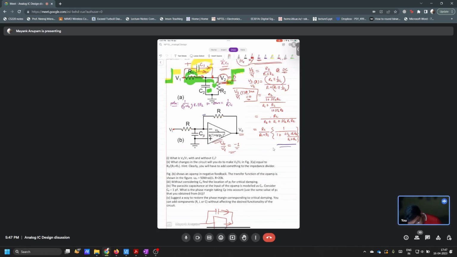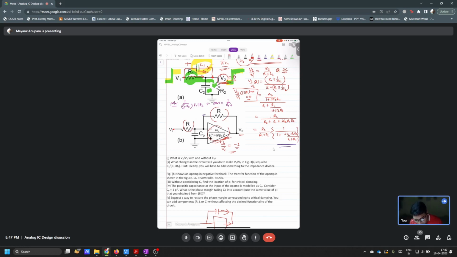Now you know that this op amp is non-ideal, right? It cannot be an ideal op amp. It will have some unity gain frequency, it will have some poles inside it, correct? Now you went ahead and designed this op amp very carefully so that phase margin is very good and everything is very fine. Now what happens when you connected it in this fashion? You saw that everything went haywire and your phase margin decreased suddenly.